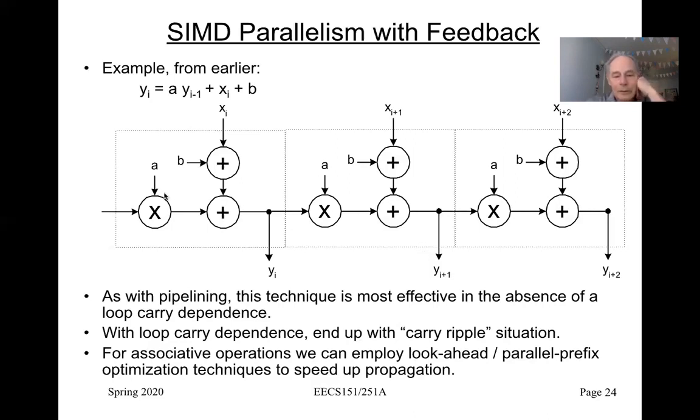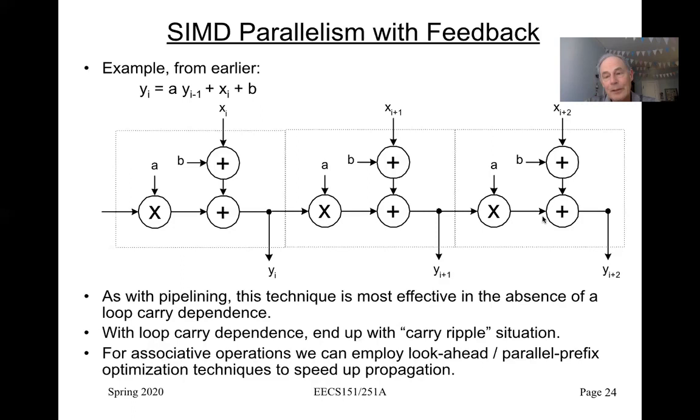However, this loop carry dependence creates a long critical path here. This is a long combinational path through all these 3 blocks. This is similar to what happened with the ripple carry adder. Now we're going to talk about later, not today, that if these operations are associative, we can use a tree type structure to reduce the delay here.